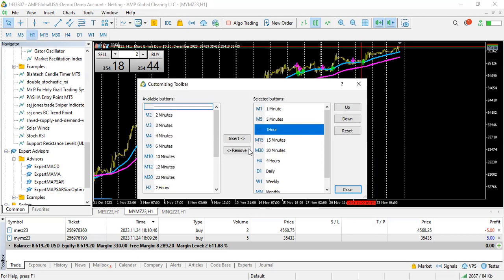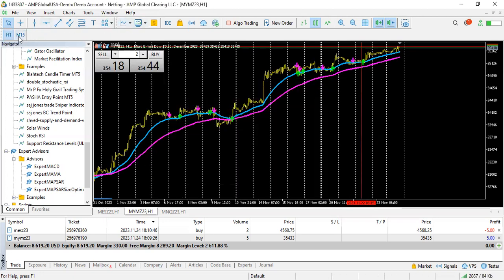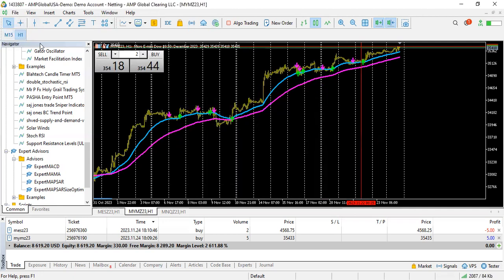What I'll do is remove everything except the hour and the 15. And now I've got my hour time frame and my 15-minute time frame right here. Those are the two that I'm isolating my trades on.